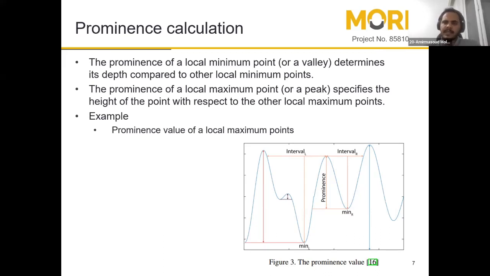In this figure, you can see a simple example for the calculation of the prominence value for a maximum point, and the value of the prominence for the maximum points.